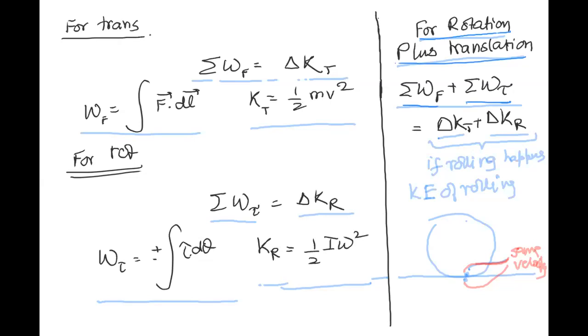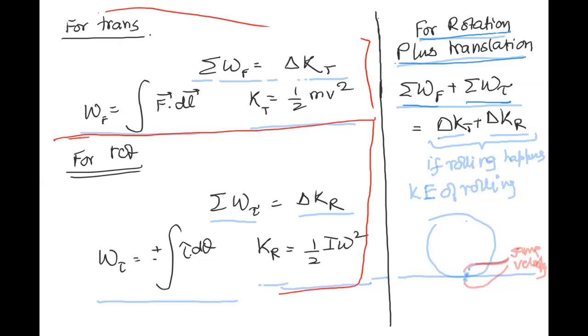If it is executing only translation, then this is sufficient. If it is executing only rotation, then this is what you have to do. And this must be invoked only when you are convinced that there is rotation plus translation. Okay?